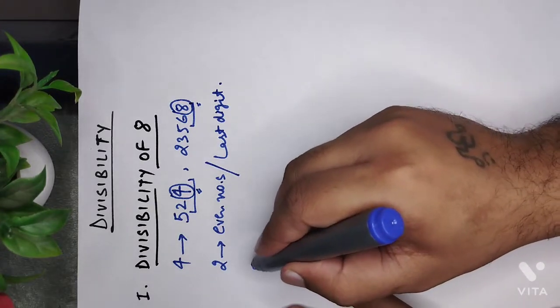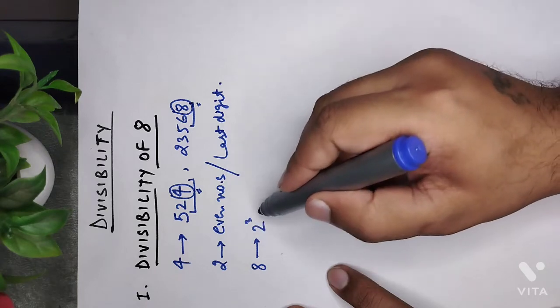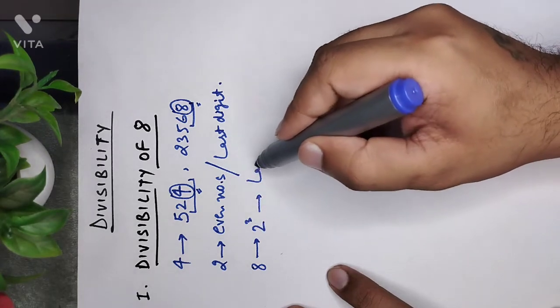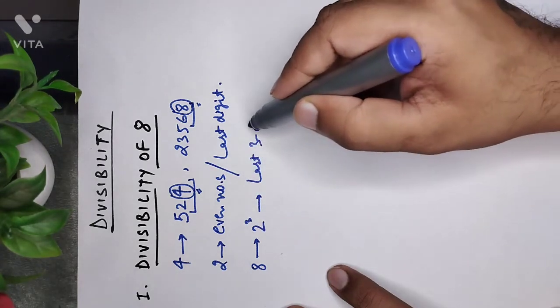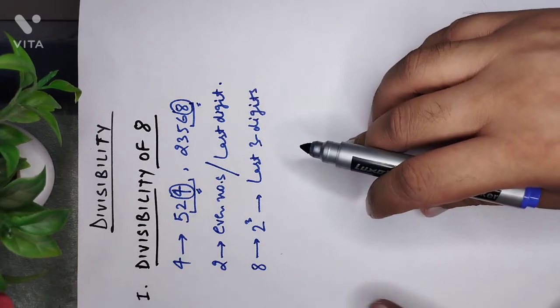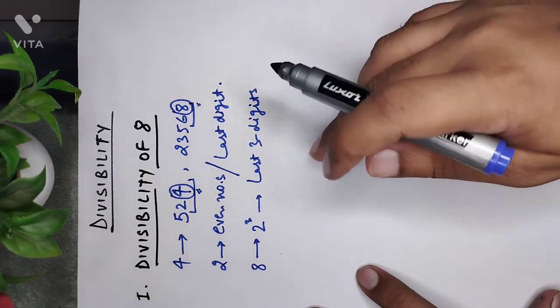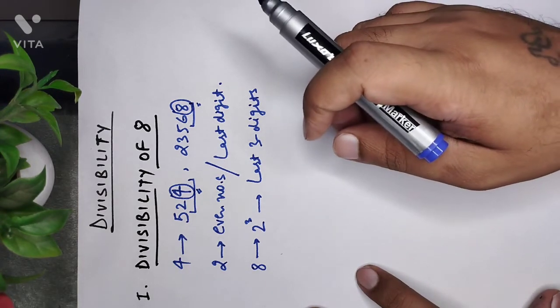Similarly, if we see this pattern, I can say 8 means 2 cube, so we have to see the last three digits in case of 8. If I have to check whether any number is divisible by 8 or not, I just have to check the last three digits.